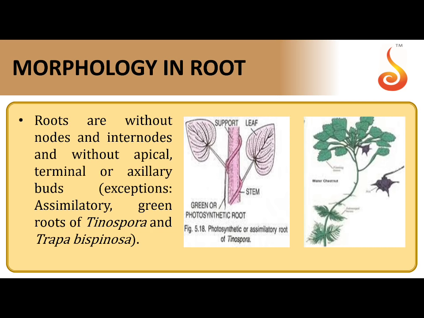Now, what is the most significant feature to understand what is a root and what is a stem? Assuming we all would have heard in our classes that sweet potato is a root, whereas potato is a stem. Have we ever thought about the difference? On what basis do we say this?